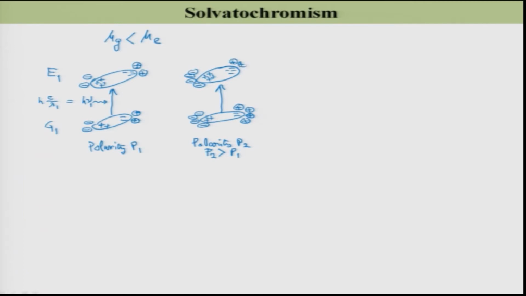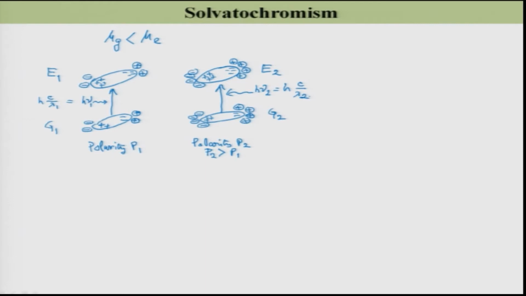The solvent structure will remain as it is in the ground state. Let us say this energy is G2 and this energy is E2, and this excitation energy is h nu 2, which is equal to h c by lambda 2, right.